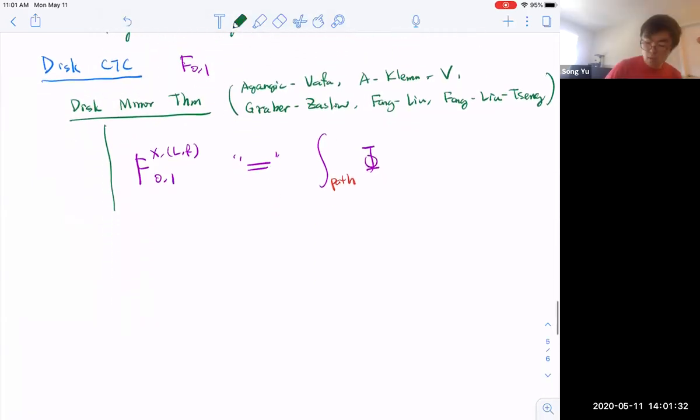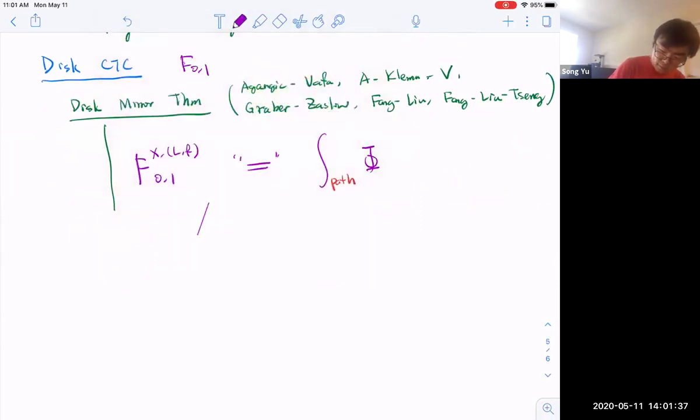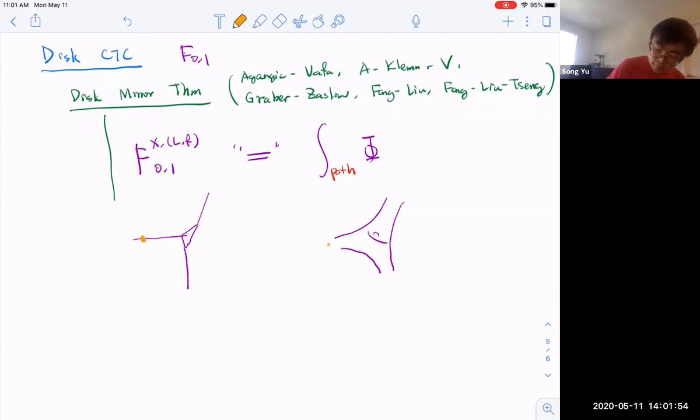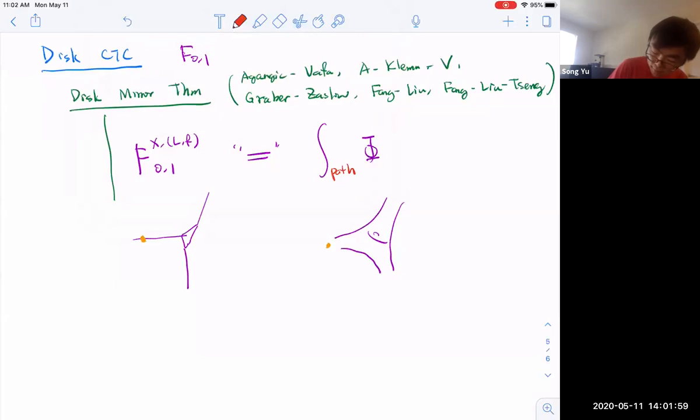Okay, so the path is, let me draw again the toric graph and the mirror curve. Recall that, let's say we take an outer brane on this leg of the toric graph, and it will correspond to a puncture here on the mirror curve, and the path is just a path based at this puncture to a neighboring point x, which will be the open moduli parameter.